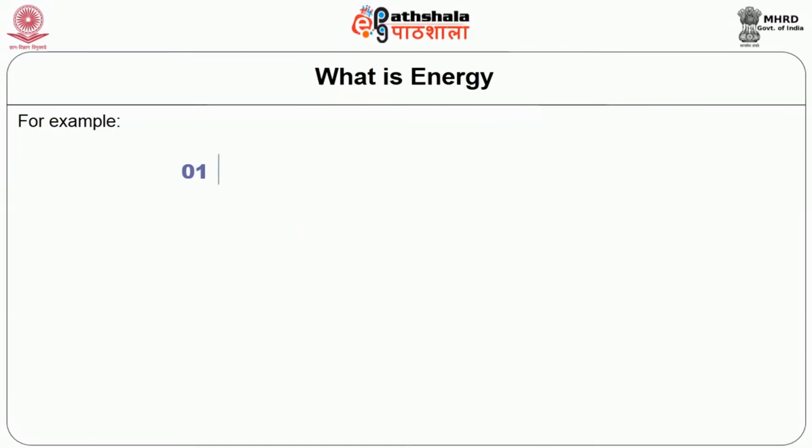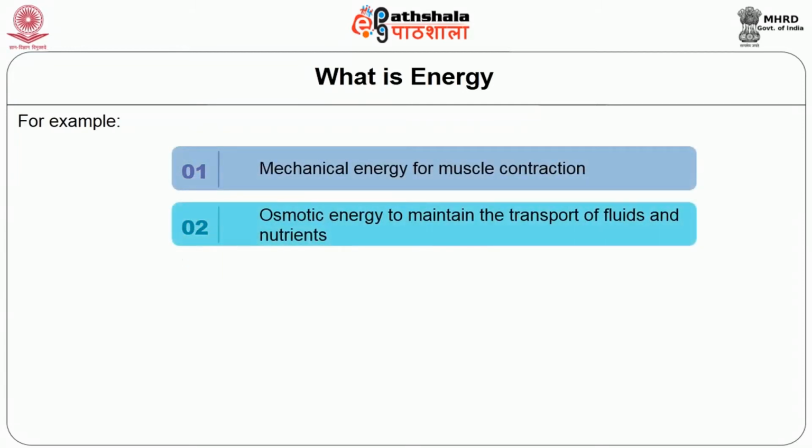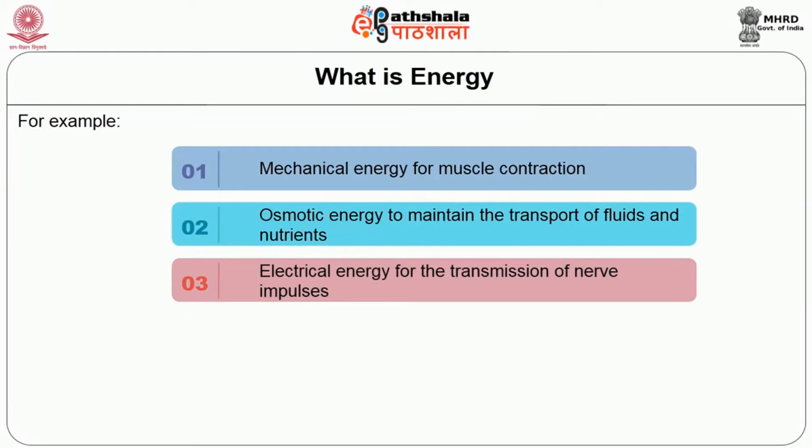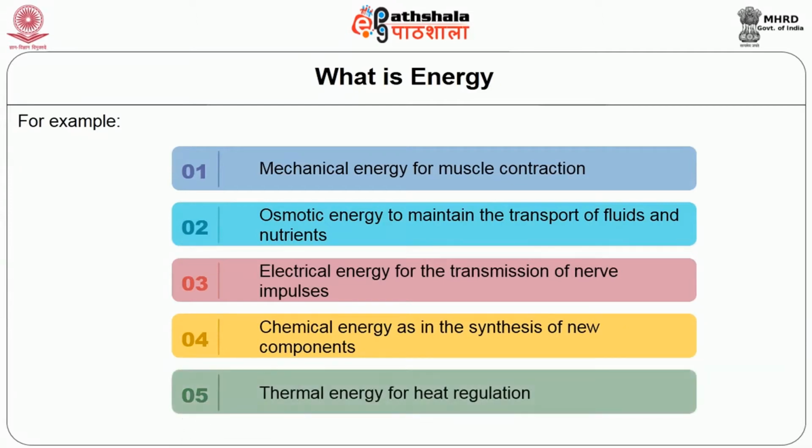For example, mechanical energy for muscular contraction, osmotic energy to maintain the transport of fluid and nutrients, electrical energy for transmission of nerve impulse, chemical energy as in the synthesis of new compounds and thermal energy for heat regulation.